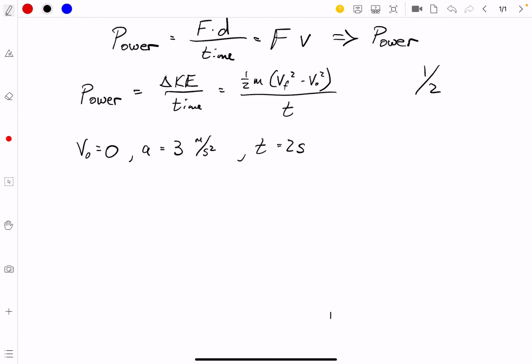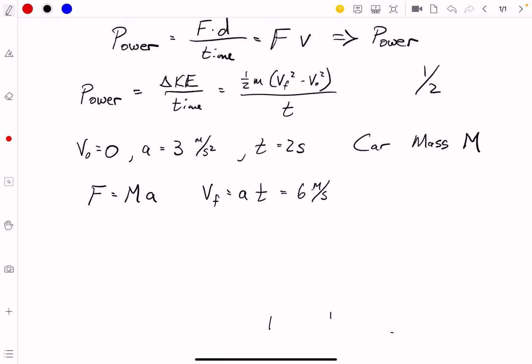A car. Mass is big M. Okay? So our force is equal to big M times our acceleration. And we know that V final is equal to our acceleration times time, so 3 times 2 is 6, so it's 6 meters per second.